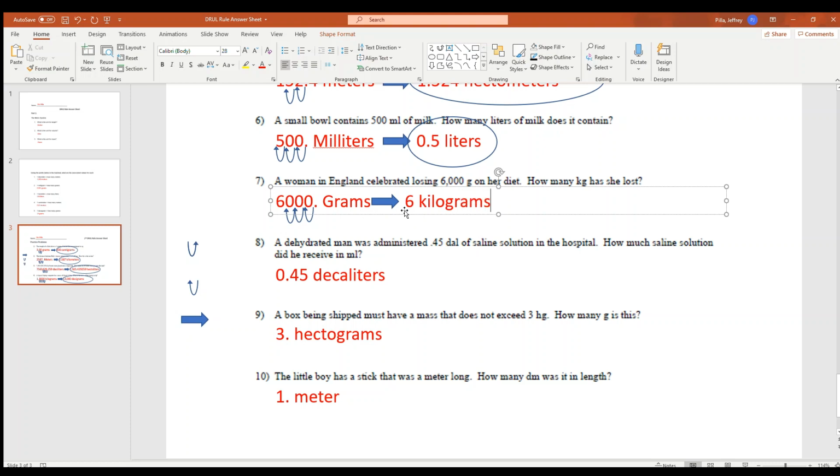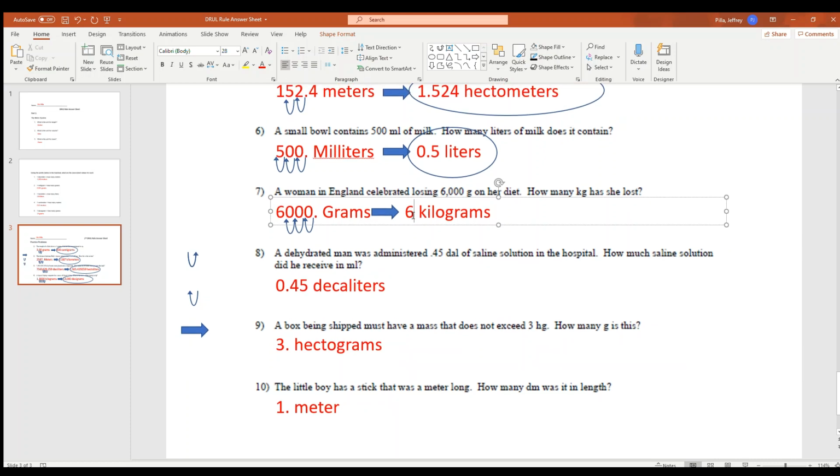Now again, you might be thinking, Mr. Pillow, why didn't you write 6.000 kilograms? Well, like I said, when you have zeros at the end of the number that come after a decimal, okay, so for example, 6.000, these zeros are at the end of the number after the decimal. You can drop those zeros. You don't need them. Okay?